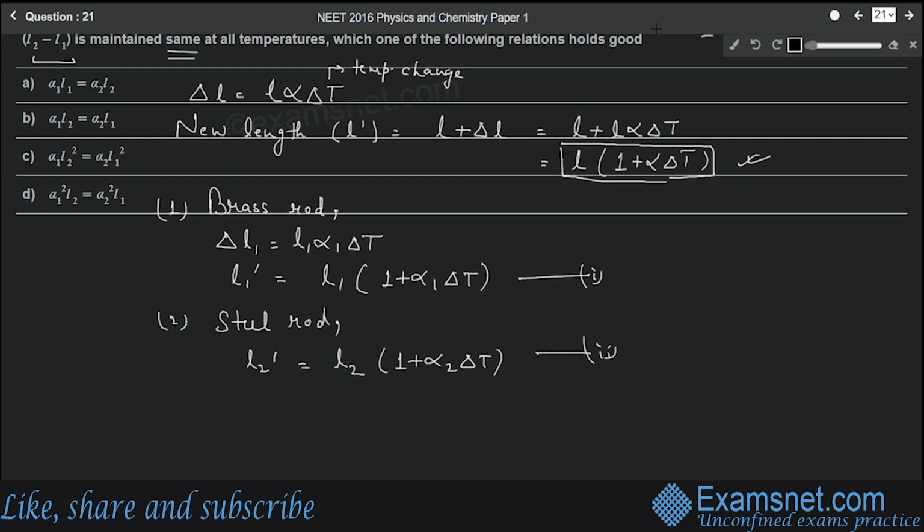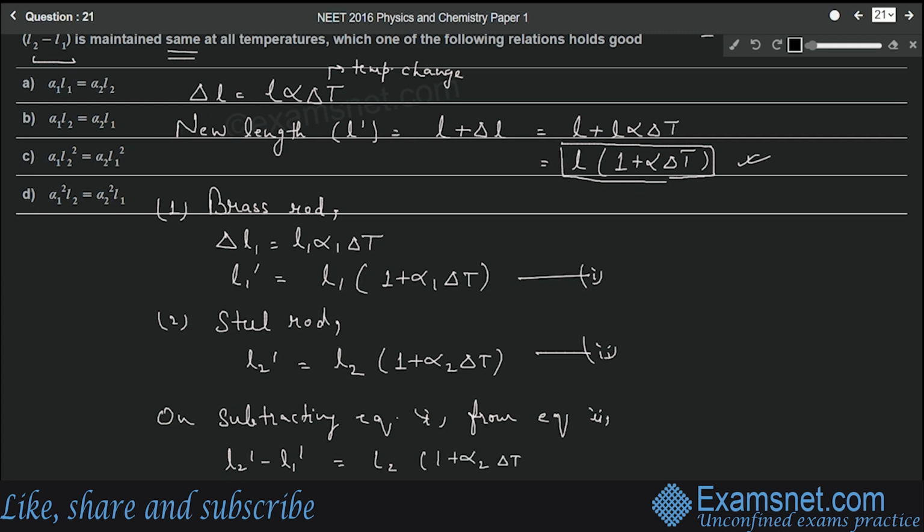Now let's subtract equation 1 from equation 2. On the left hand side we have L2 dash minus L1 dash, and on this side we have L2(1 plus alpha 2 delta T) minus L1(1 plus alpha 1 delta T).